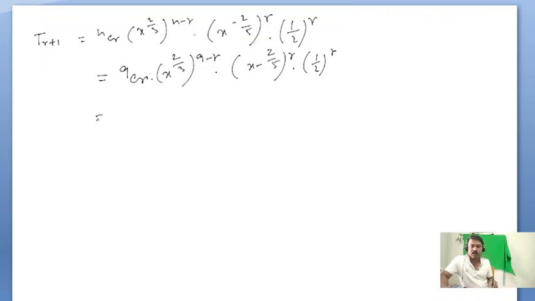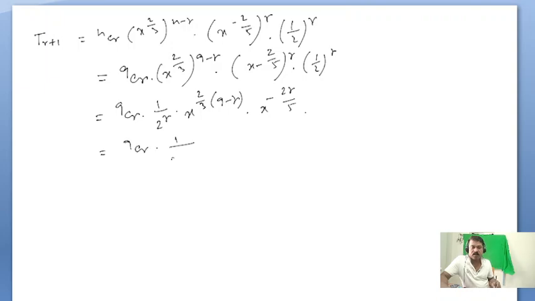Now this 9Cr, here also (1 by 2) to the power r, and we get (x to the power 2/3) whole to the power 9 minus r into x to the power minus 2r by 5 here. Okay, that is 9Cr into (1 by 2) to the power r.